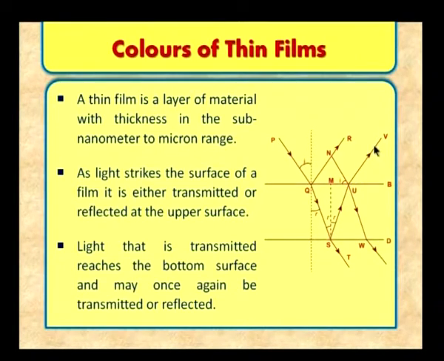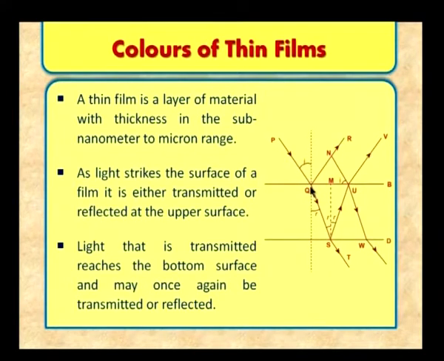Now, we are concentrating on the two beams QR, the light ray here, and UV, the light ray coming here. These two will interfere with each other, which will lead to either constructive or destructive interference. And what is the path difference?